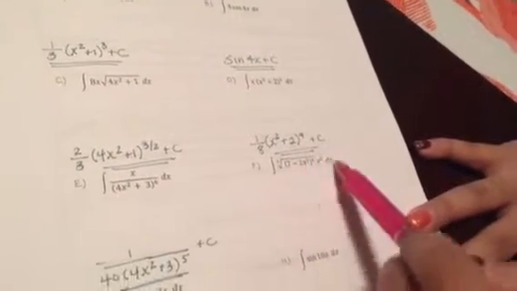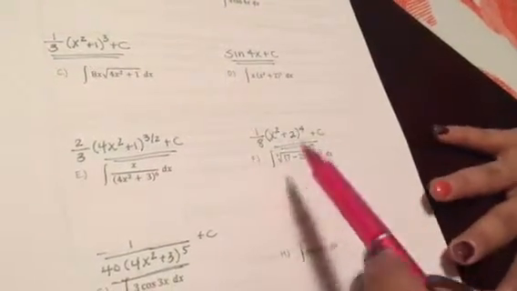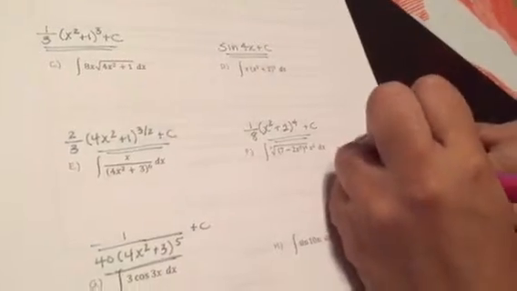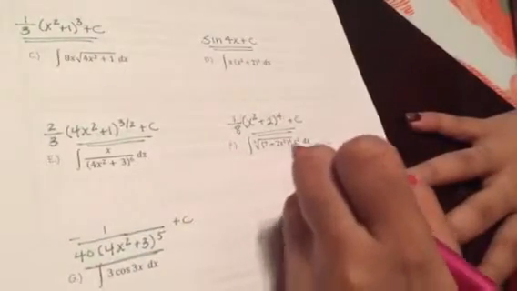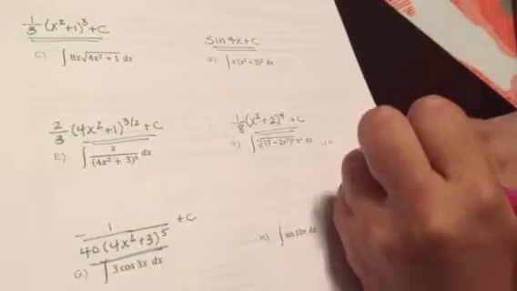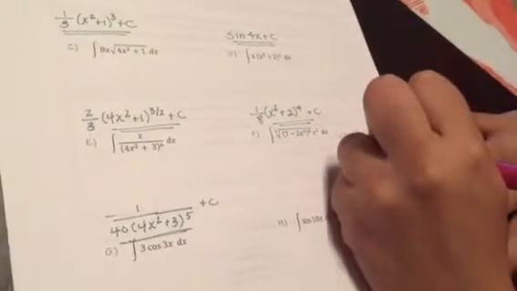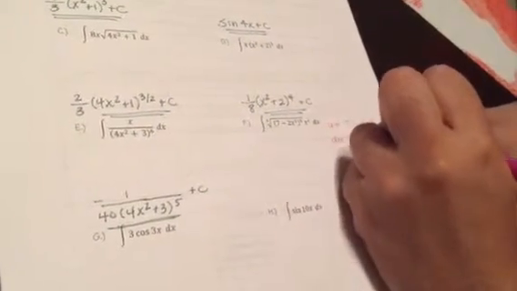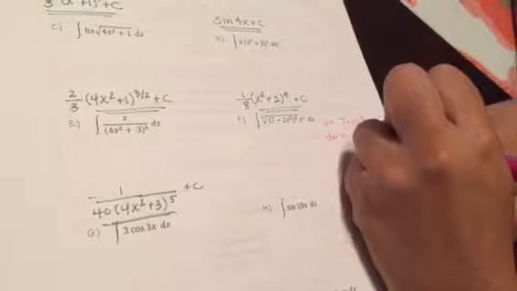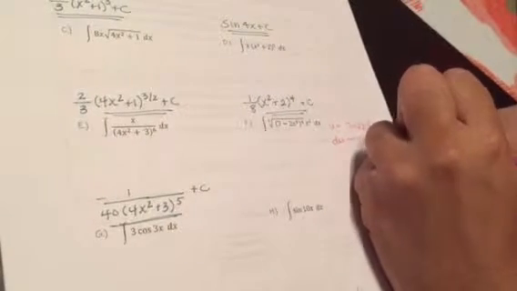We've got some form of chain rule here, so we're going to use u substitution. We're going to let u equal the inner part of the radical, which is going to be 7 minus 2x cubed. Then we're going to take the derivative of that, which would be negative 6x squared dx.